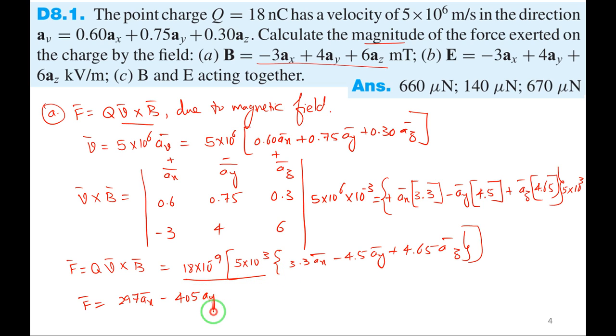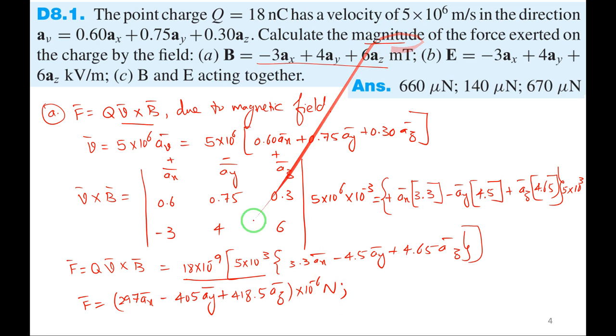Next, instead of 4.5, it is 4.65. So I get plus 418.5 AZ into 10 power minus 6 newtons.